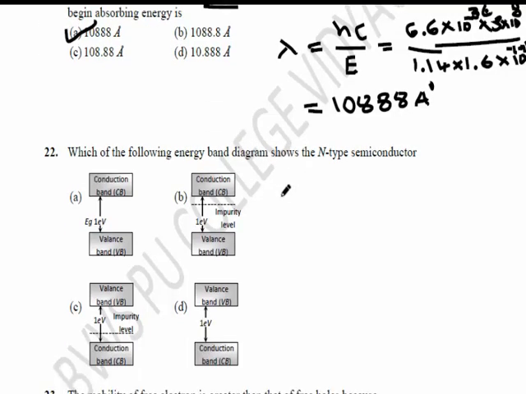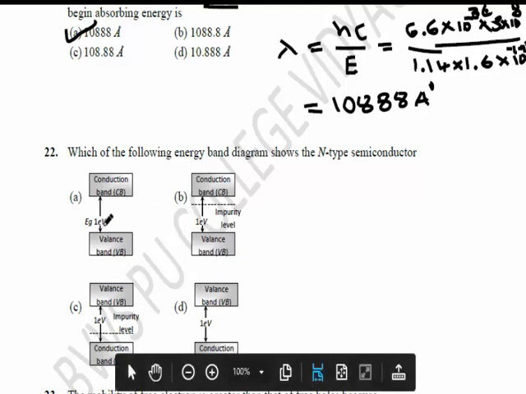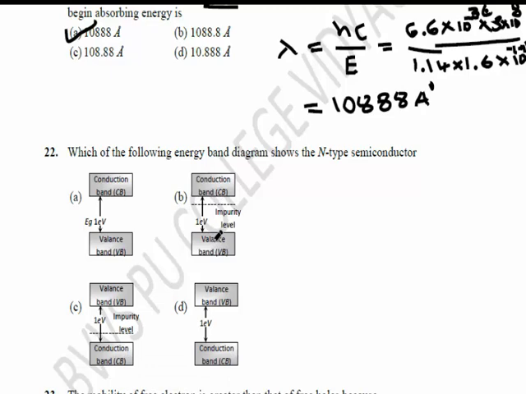Okay, next, 22. Which of the following energy bands shows an N-type semiconductor? We know that for an n-type semiconductor, the forbidden energy gap impurity level should be towards the conduction band. In all these four diagrams, see the dotted line, it is towards the conduction band, not the valency band.